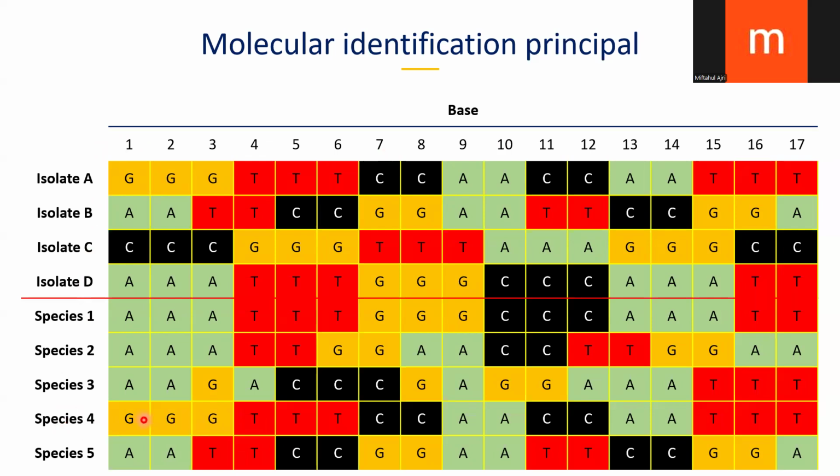Is that right? G, G, G, TTT, CCAA. So we can conclude that isolate A is similar to species 4. It means isolate A is species 4.